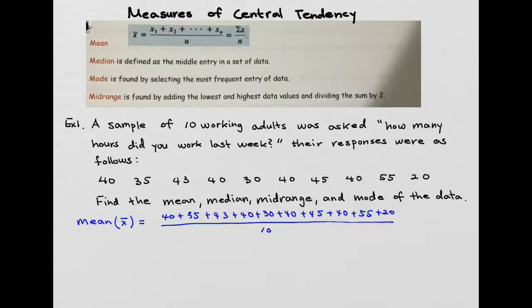And when you add them up and divide that by 10, because you do have 10 data, the sample size is 10, then you end up getting 388 divided by 10, which is going to be 38.8 hours. And that's the mean.